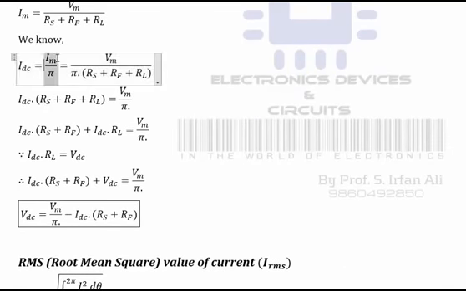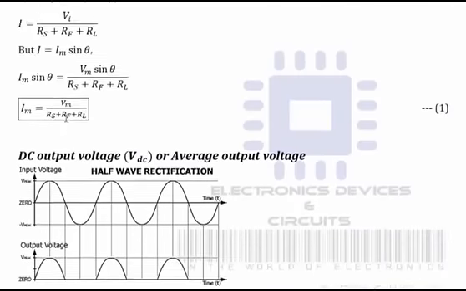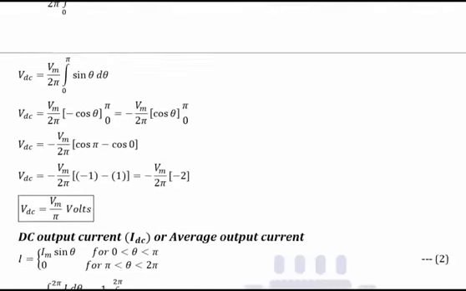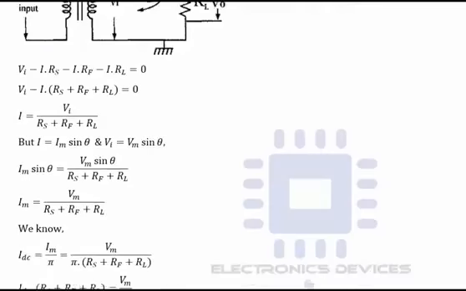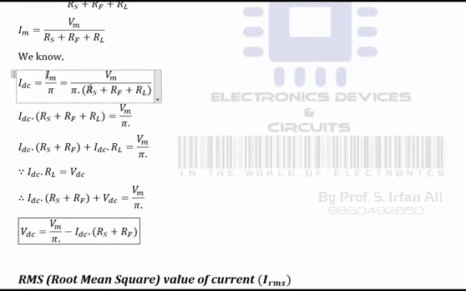Here Im, we have already found this relation, Im equals Vm upon Rs plus Rf plus RL. So we can put this Im equals Vm upon the addition of resistances in this relation, IDC equals Im by pi. Im can be substituted as Vm upon these resistances.